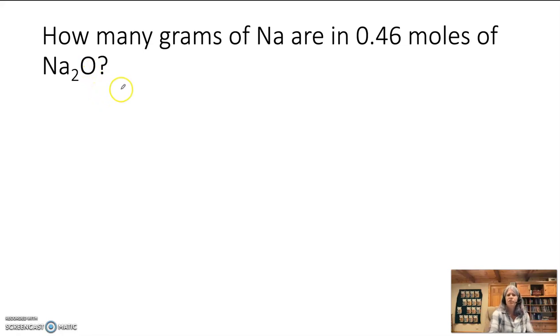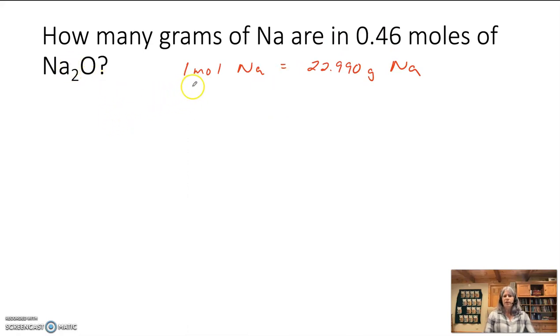Okay, so what are our conversion factors? How many grams of sodium are in 0.46 moles of sodium oxide? So what do we know? We still know what we knew before, which is 1 mole of sodium equals 22.990 grams of sodium. And we're starting with 0.46 moles of sodium oxide. So we never need to figure out from there how much sodium we have. So what other conversion factors do we know here?